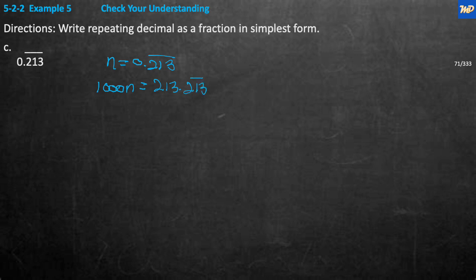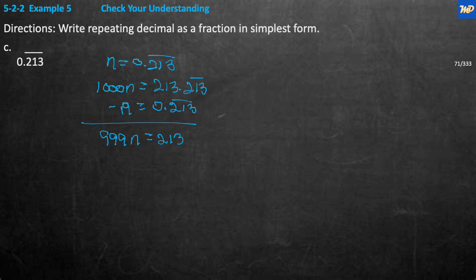213.213 repeating. So the next step in the process is to subtract the one n from the 1,000n. So when we do that, we're going to say minus n is equal to 0.213 repeating. Now we subtract, and the answer here is going to be 999n is equal to 213, because you see this, we deleted this repeating piece.